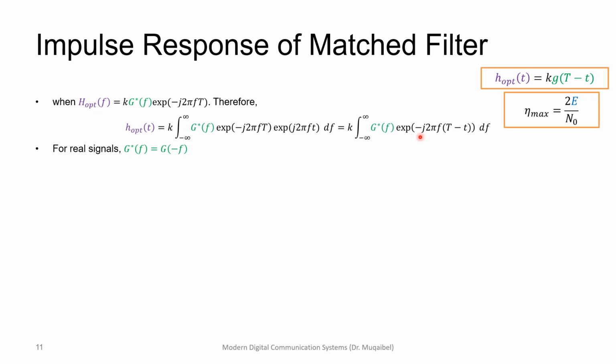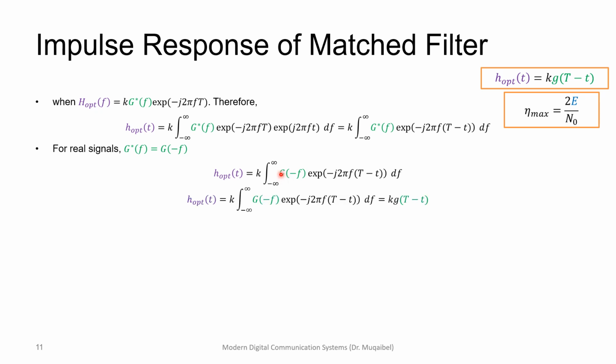Now, for all real signals, if it is a real signal, we can write the following identity, because we know that we have complex conjugate symmetry. And I can now write, instead of the conjugate, g of minus f.